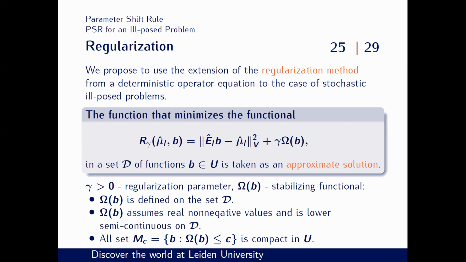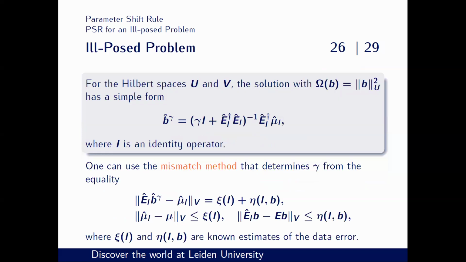This function is called the stabilizer functional. It can be selected; this is some sort of freedom we have. In the case of Hilbert spaces, normally people select the stabilizer functional like this, and the solution takes a very simple form.